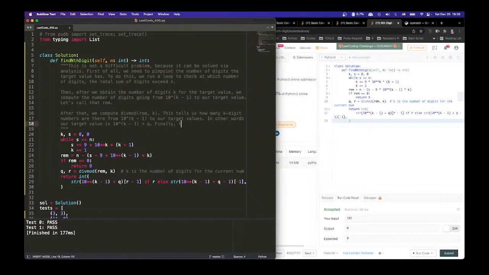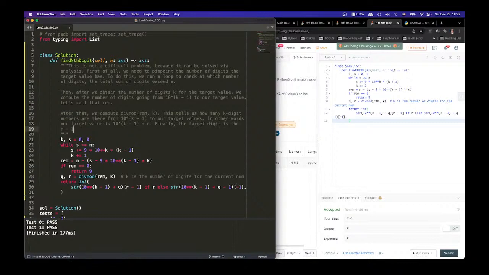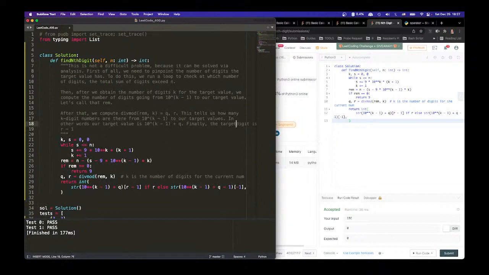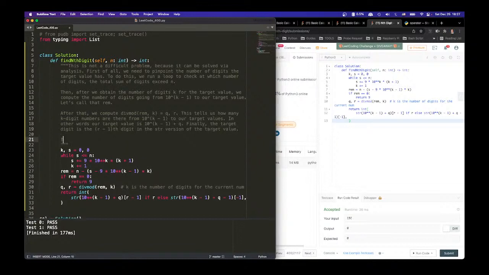Finally, the target digit is the r minus 1th digit. We compute this one equals qr. We need to say what q and r are, right? And in other words, this is the digit in the str version of the target value.